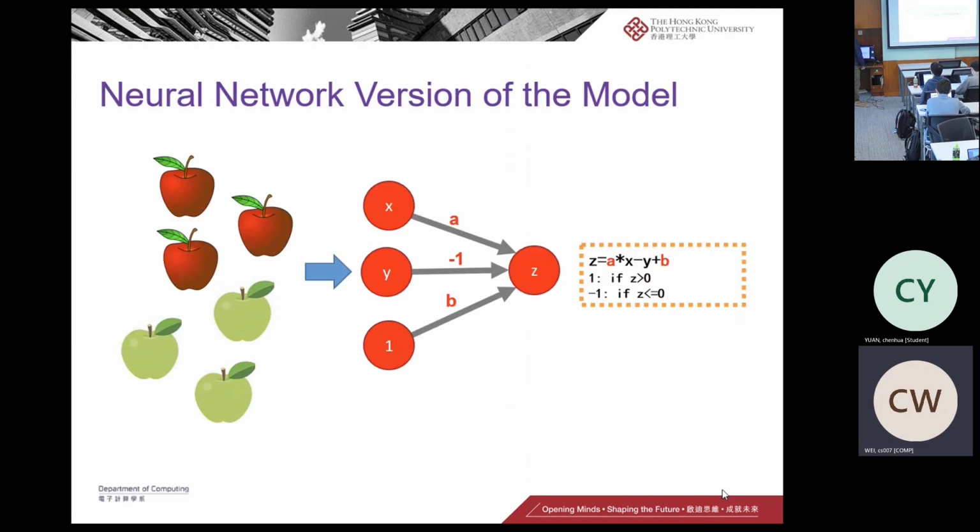It's quite simple because we're going to draw a line to divide the apples, and we have a formula for the line as well. It's just a calculation, right? So we can take it into a graph. We can use this graph to represent that calculation, meaning we could have 3 nodes which represent.